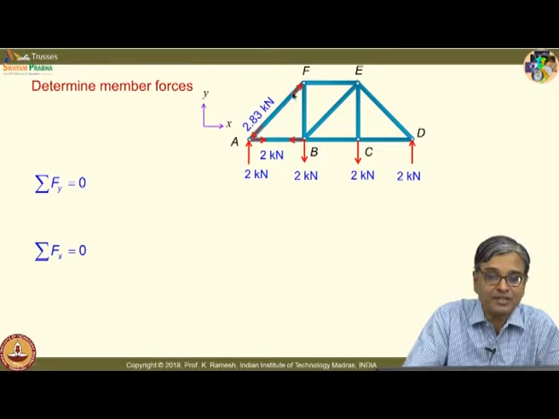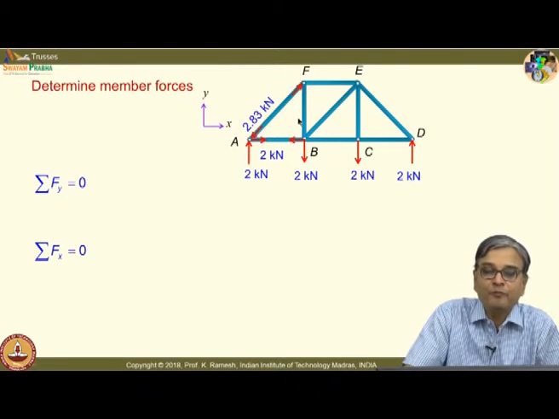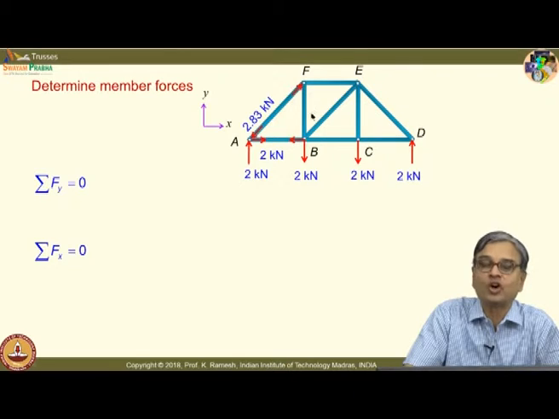Associating tension or compression for this member is a little difficult, but associating tension for this member is rather easy to do. Now, which joint can I go and do next? If I go to B, I have 1, 2 and 3 unknowns. If I go to F, I have only 2 unknowns.